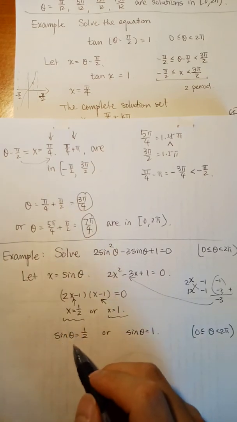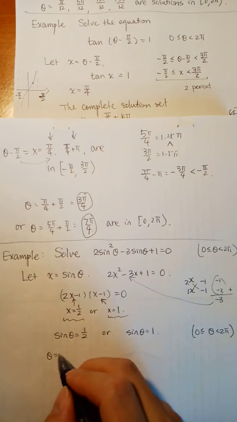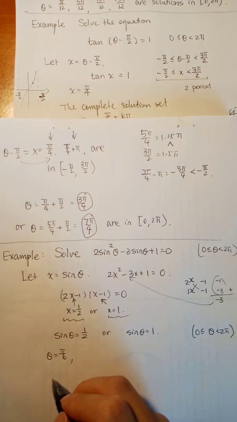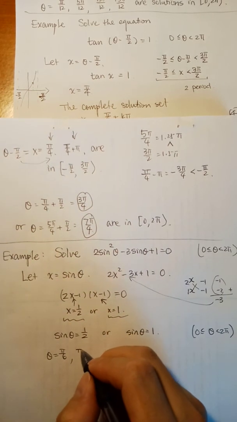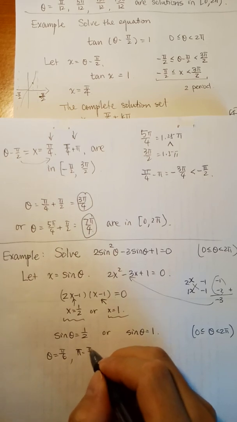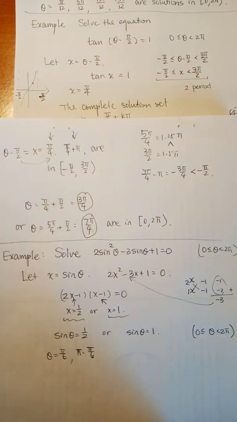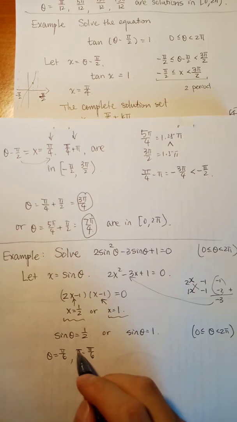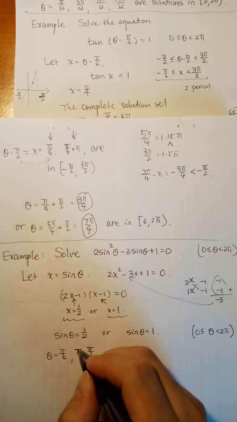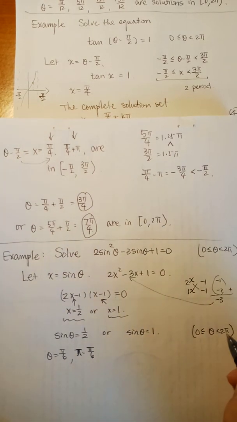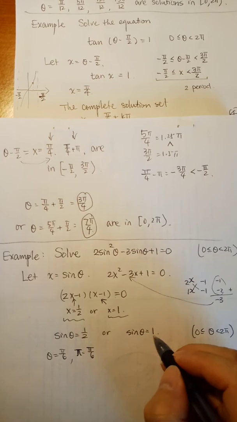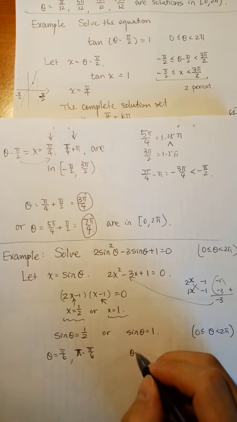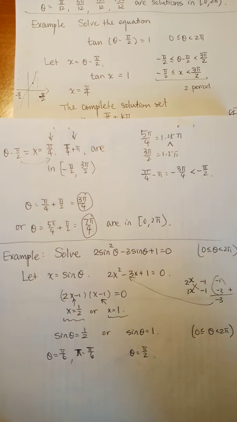Remember, how do we do this? Sine theta is 1/2, then theta is pi over 6, or pi minus pi over 6. You find one answer and you use pi to subtract it. They are both inside this domain. And sine theta is 1, then theta is pi over 2.